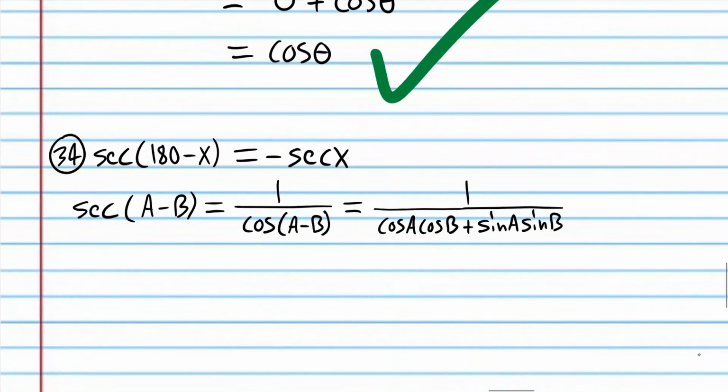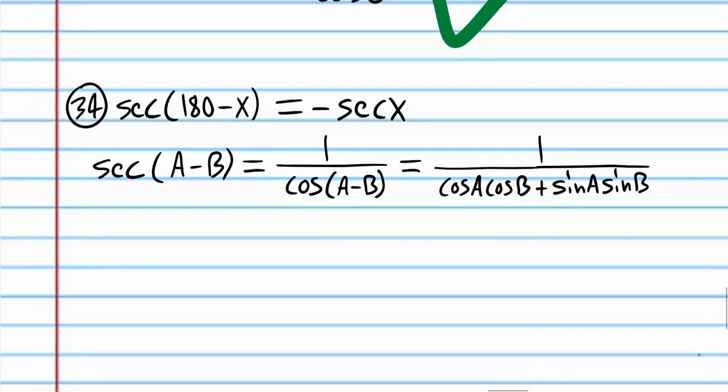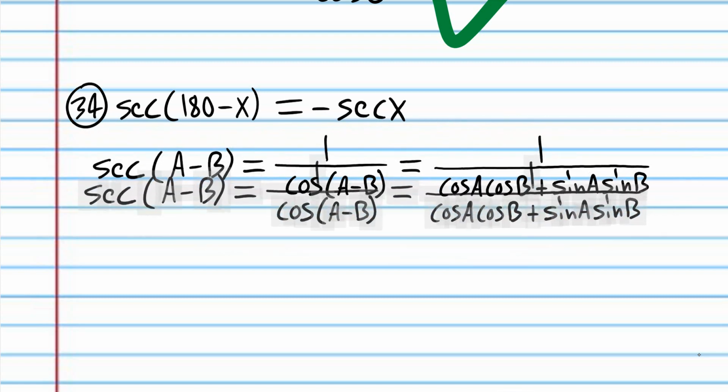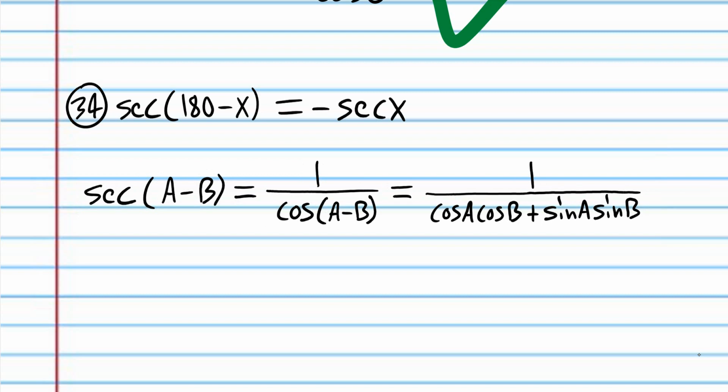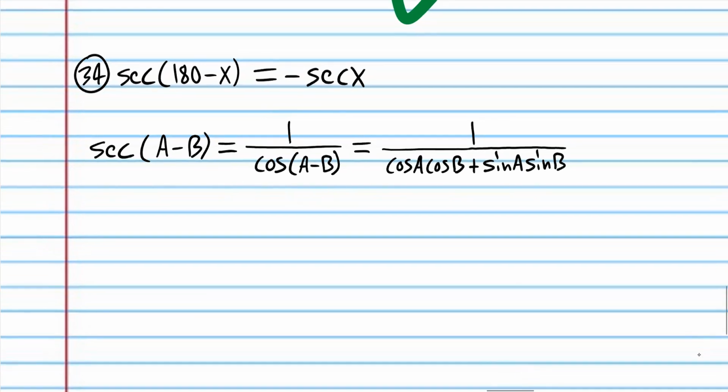Okay, so let's try the next problem here. We want to prove that this identity is true, or derive that equation, so to speak. But we don't have a formula for the difference of two angle measures for the secant function, so we're going to have to convert to the cosine function using a reciprocal identity.